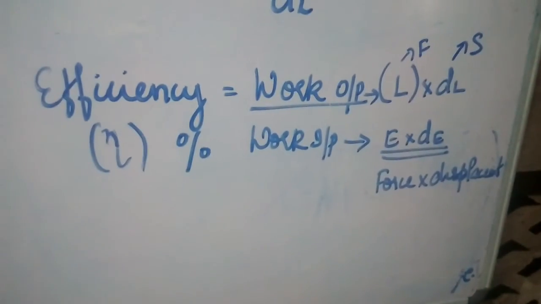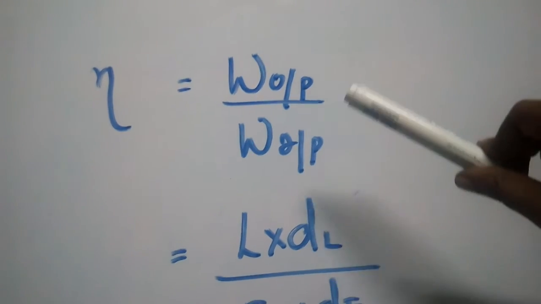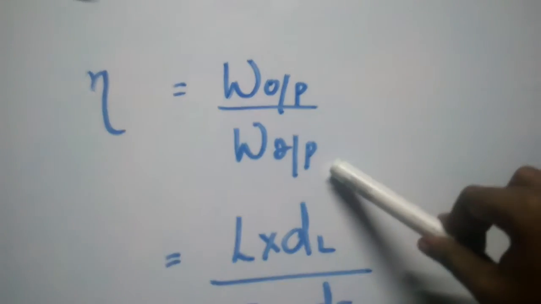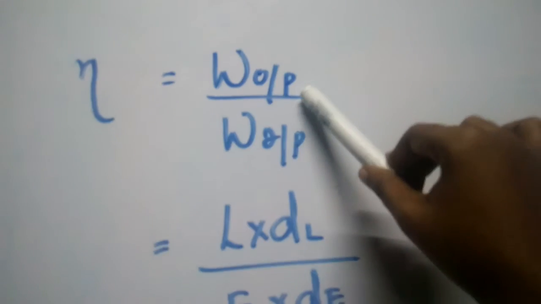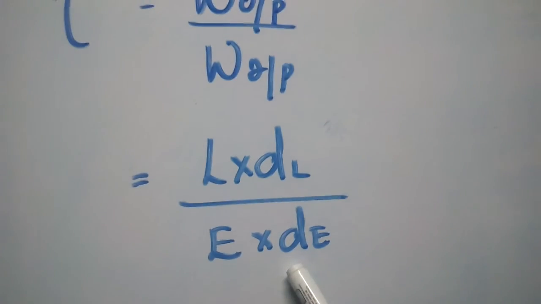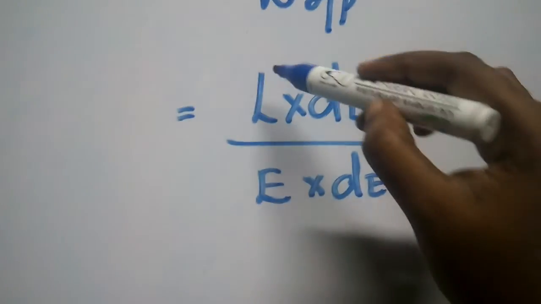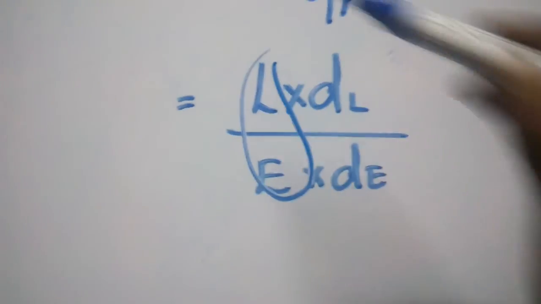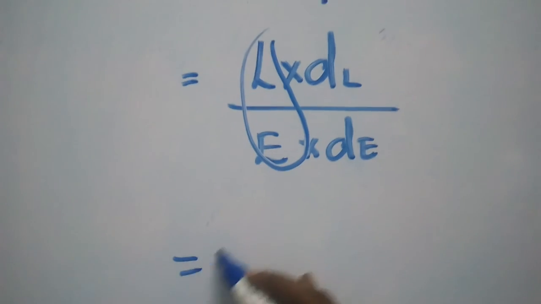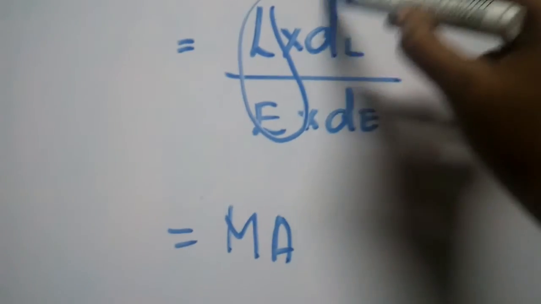And the efficiency is always expressed in percentage. So efficiency is equal to work output by work input. Output is in the case of a load and work input is in the case of the effort. So force into displacement, instead of force, L into dl. dl is the displacement of the load, and E into dE, effort into displacement of the effort.